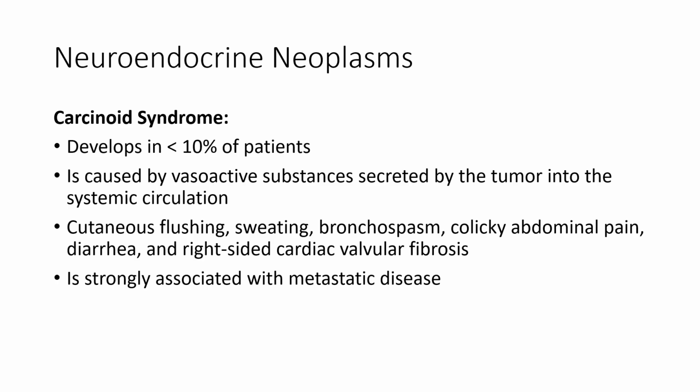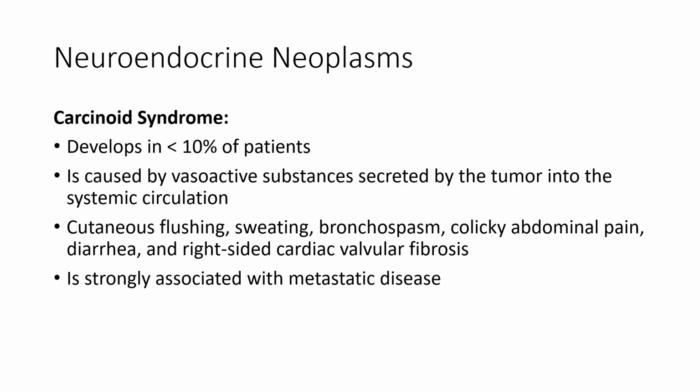Carcinoid syndrome is strongly associated with the presence of metastatic neuroendocrine tumor. It's strongly associated with metastasis when it occurs. Why is that? This is because when neuroendocrine neoplasms are confined to the intestine, the vasoactive substances that are released, such as serotonin, are metabolized to inactive forms by the liver, by first pass metabolism.